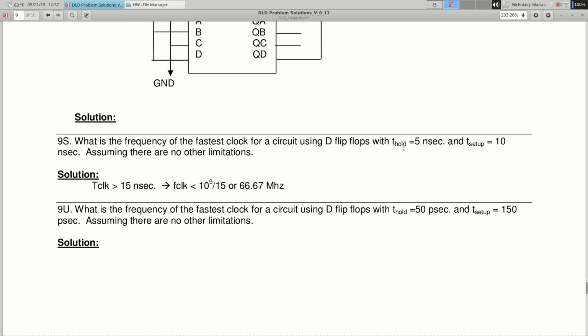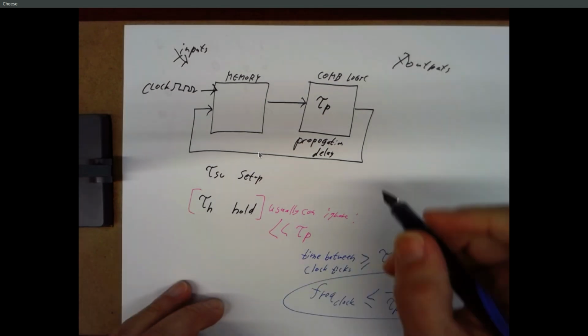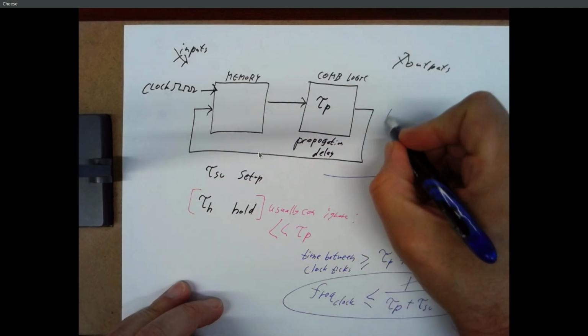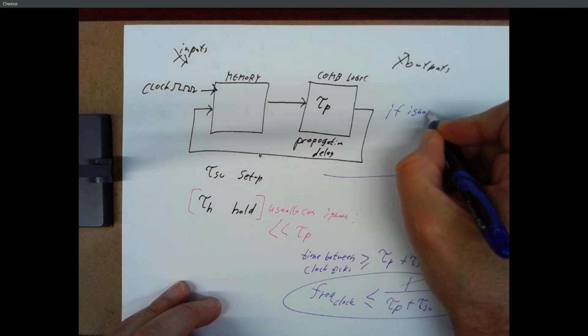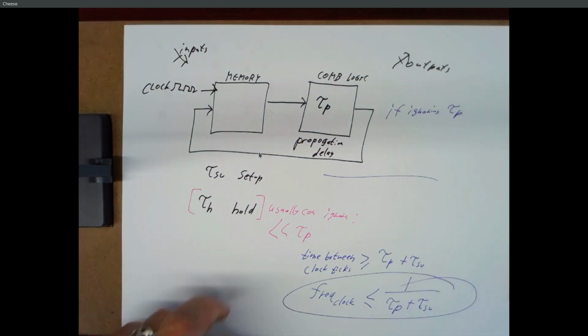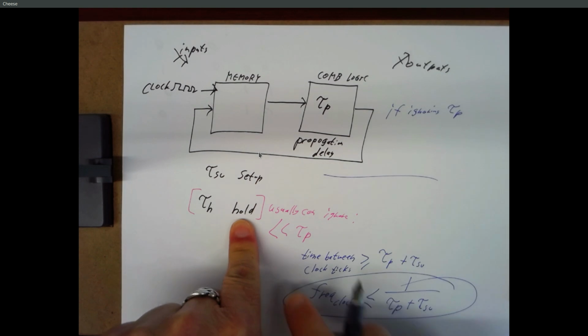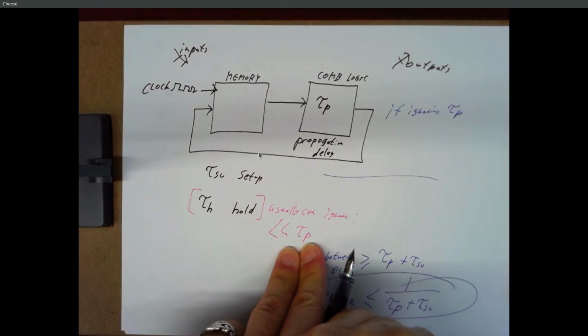We have a circuit with a hold time of 5 and a setup time of 10. But this assumes there's no other limitations. So in this case, there's no propagation delay, right? If ignoring propagation delay, then we do need to take into account the hold time. We're going to ignore it if we've got a reasonable propagation delay.